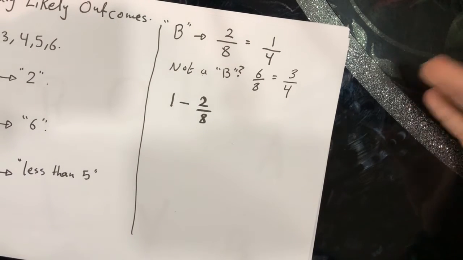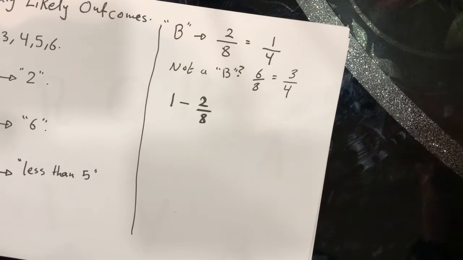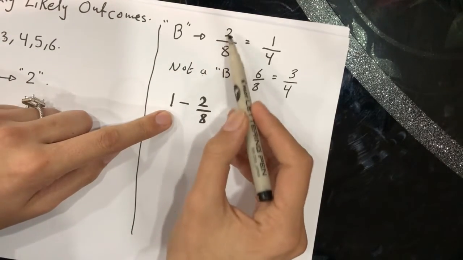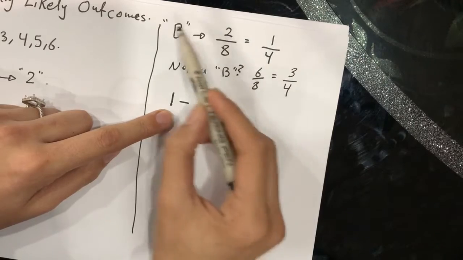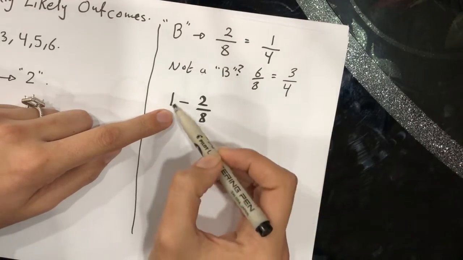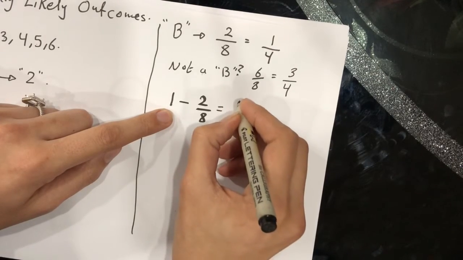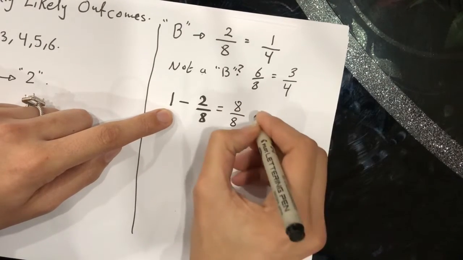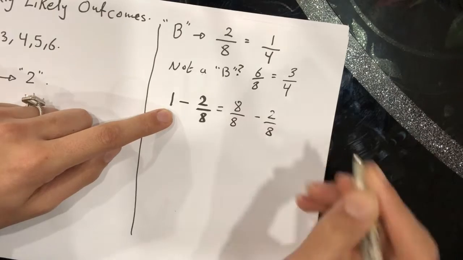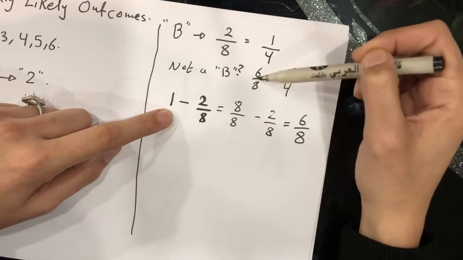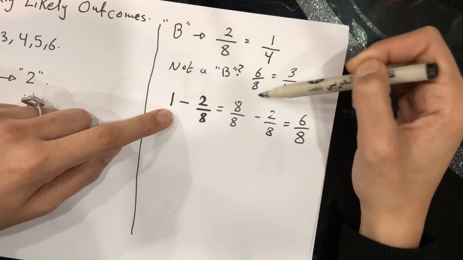We said that the probability of an outcome not happening is 1 whole minus the probability of it happening. So 1 minus 2 out of 8, because 2 out of 8 is the probability of getting a B. Not getting a B is 1 minus 2 out of 8, which will be 8 out of 8 minus 2 out of 8, which will be 6 out of 8, which is the ratio that we got when we counted all the cards.